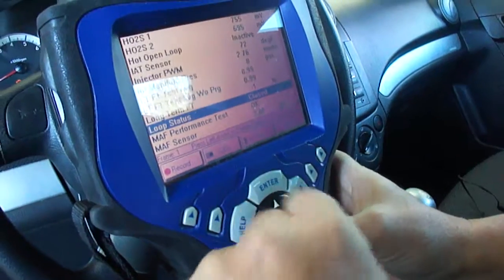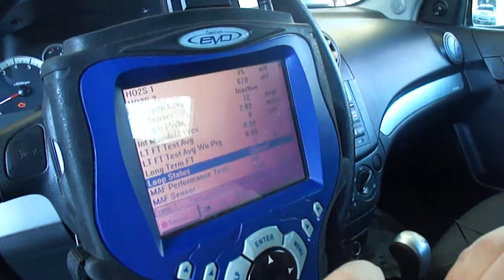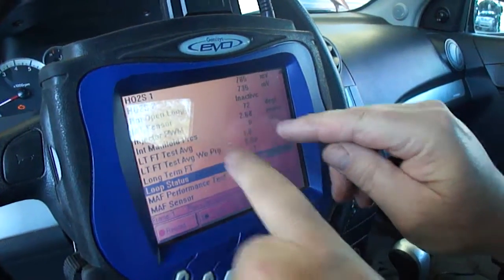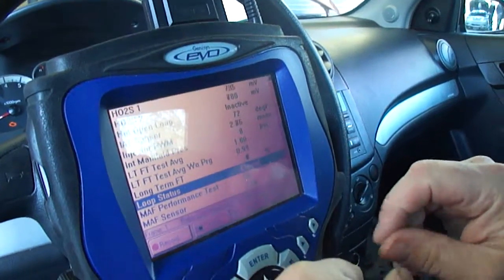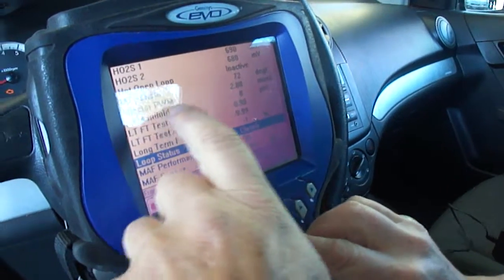Then you have rich and lean concerns. When you have rich and lean concerns, what you're going to see is either negative numbers or positive numbers on your fuel trims. Then you can look at injector pulses, which we see right here.